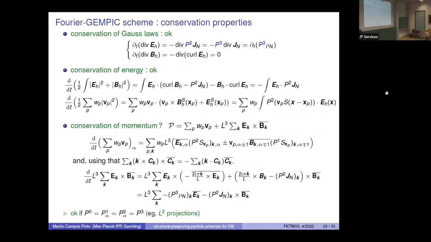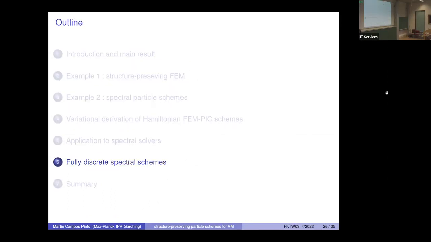And when you have this property, then the two are the same. The two methods coincide.